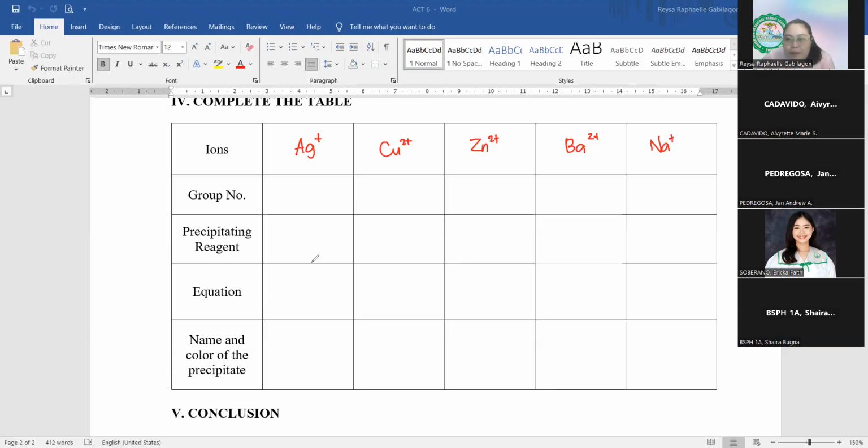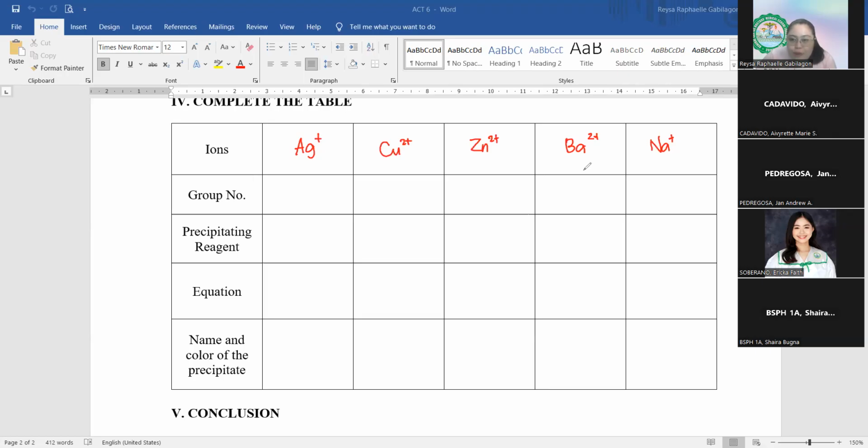Pag sa group number, so di ba I told you sa lecture, we will follow the groupings sa periodic table. So like group 1A are alkali metals: lithium, sodium, potassium, rubidium, and then we have cesium and francium. Pero sa laboratory, we group them according to their reactions to our precipitating reagent.